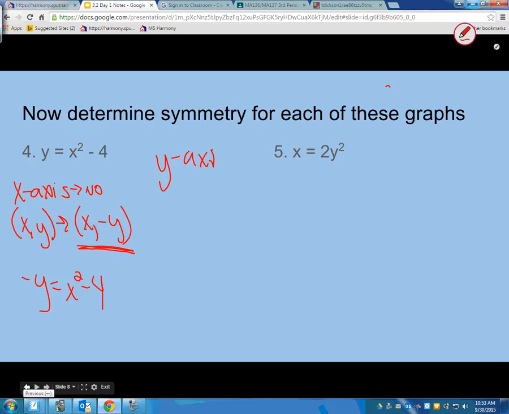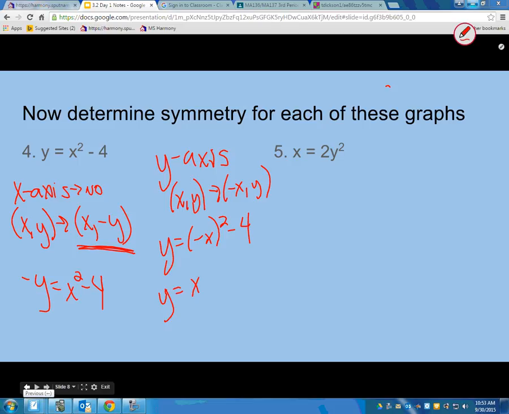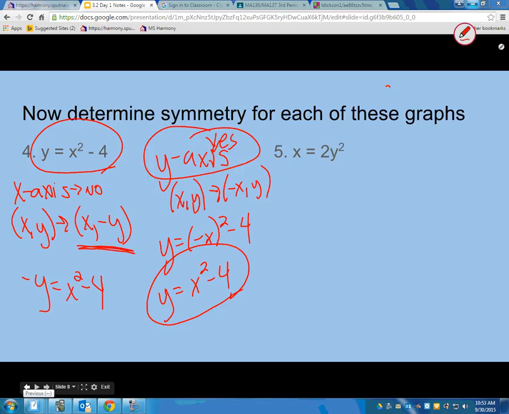Okay. Y-axis means that for every (x, y), (negative x, y) is on the graph. And for me, automatically I can see that when I plug in negative x in there, negative x squared is positive x squared, because a negative times a negative is a positive. So since this is the same as what I started with, I can say that this is symmetric about the y-axis.